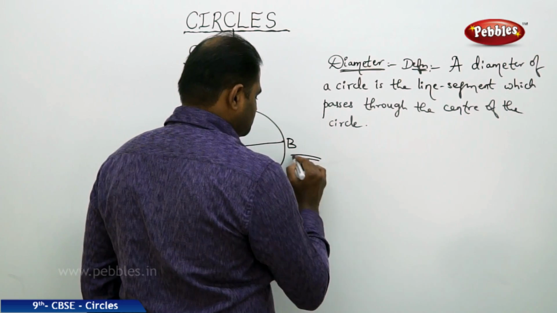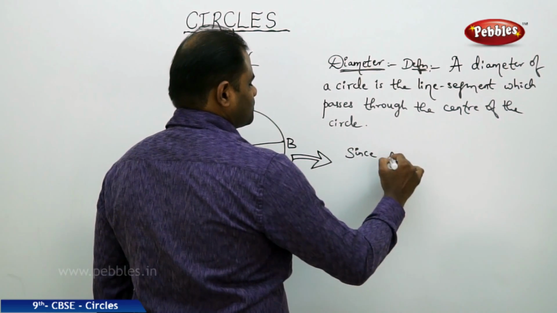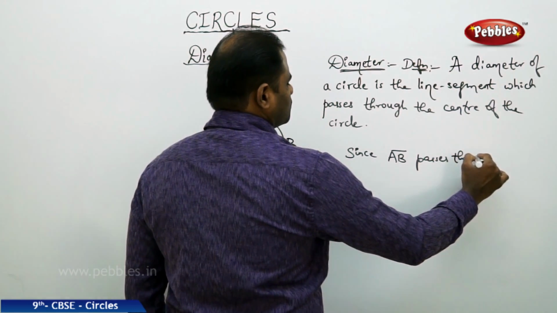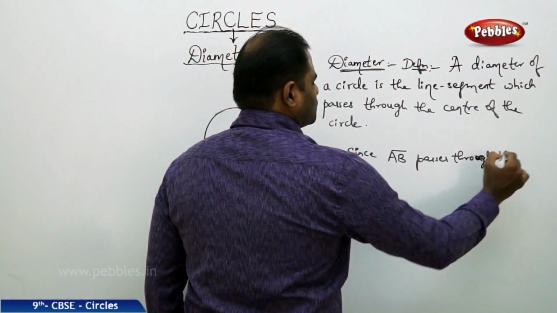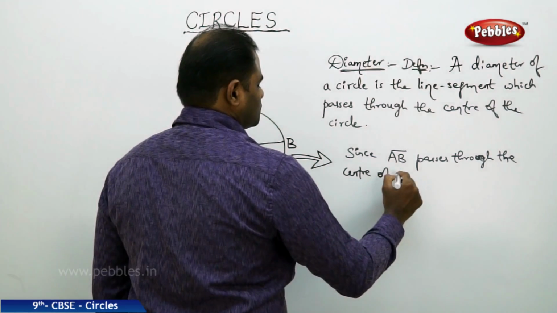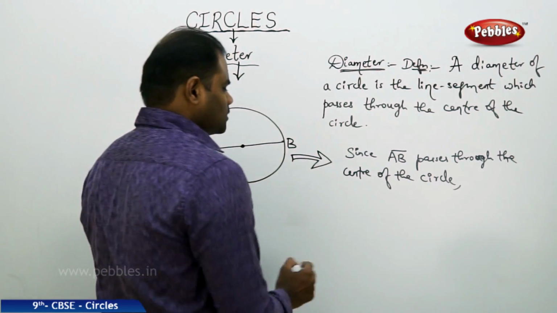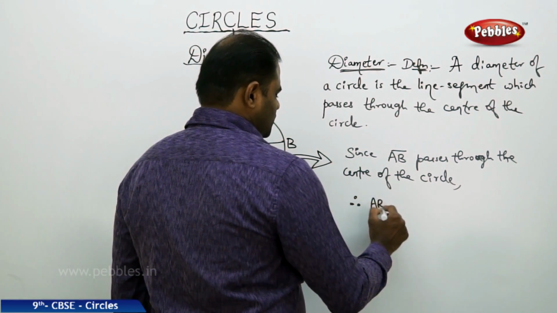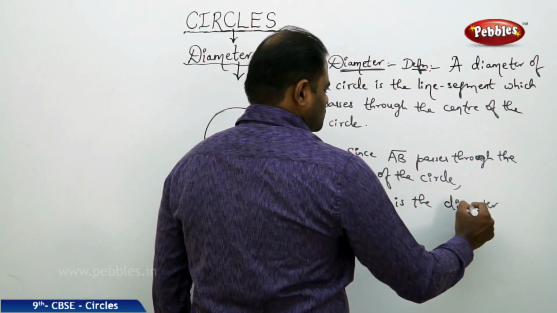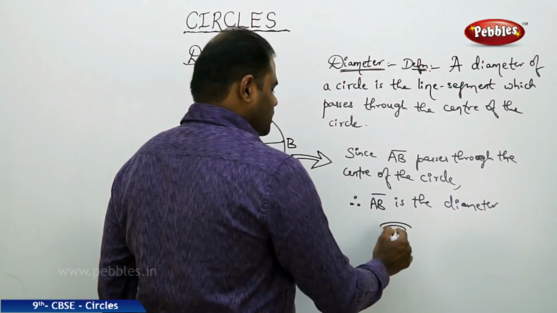So in this diagram, since AB passes through the center of the circle, therefore AB is the diameter. Is how we conclude the diameter of the circle.